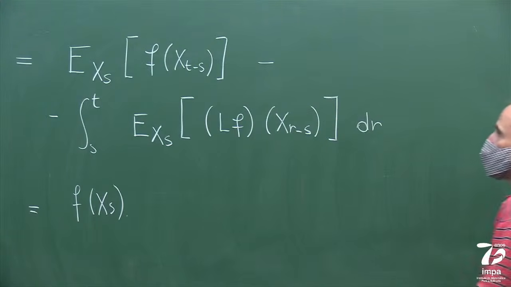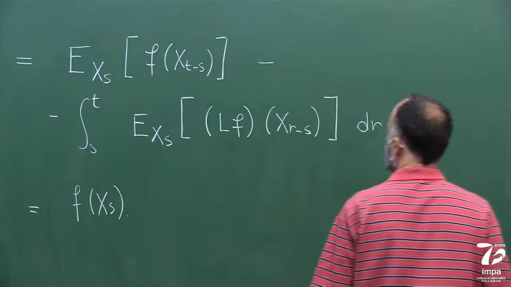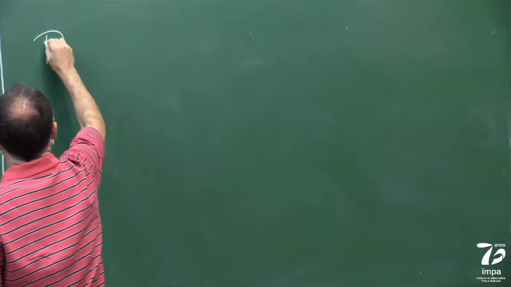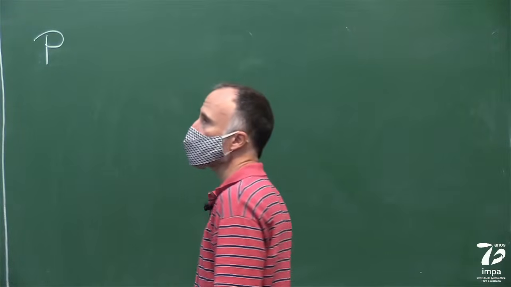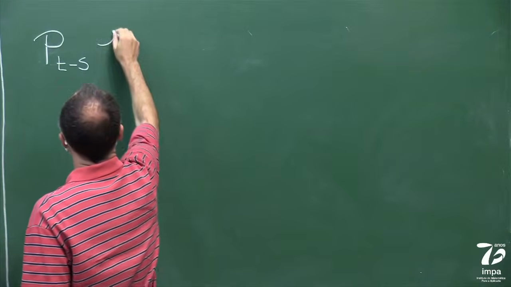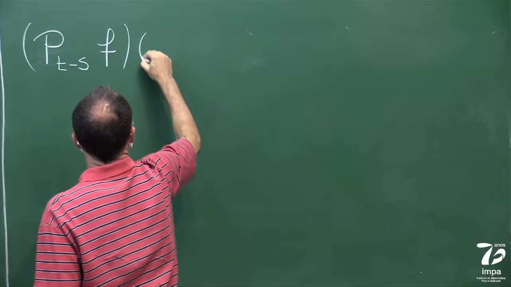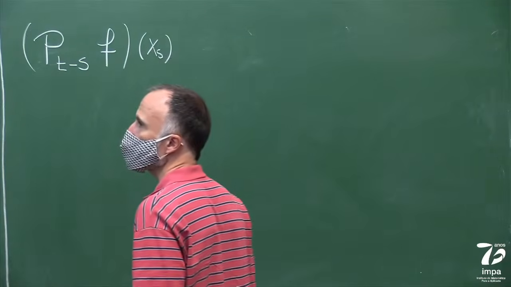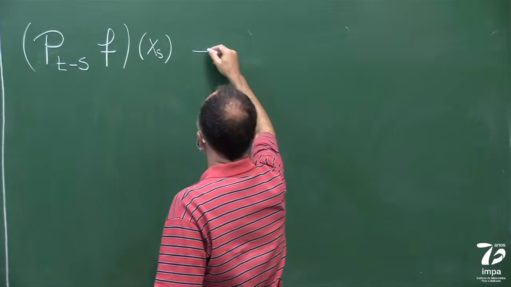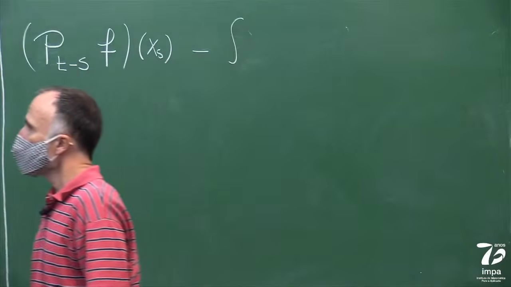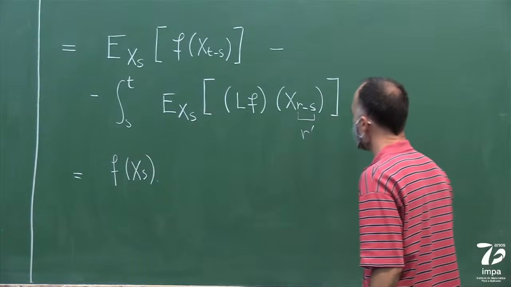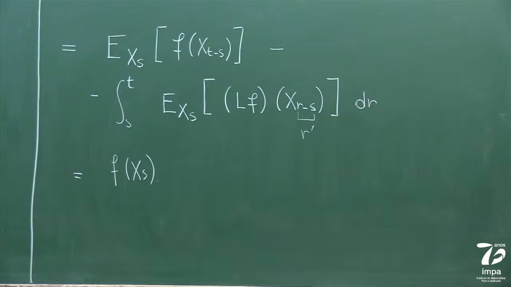Fine. So what is this? Let me represent by P the semigroup. So this is the semigroup at time t minus s applied to the function f and computed at X_s. Okay, so this is the first one. And then the second one, which is minus. Here, maybe let me call this r prime, so r prime is r minus s.